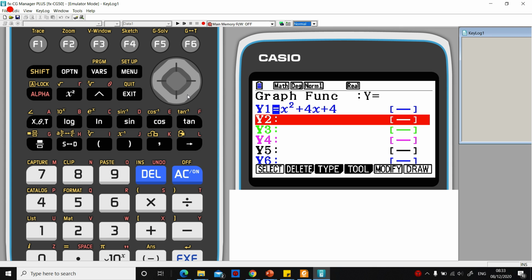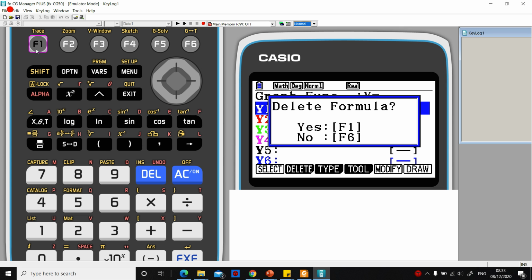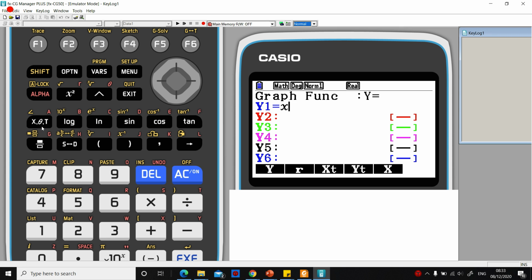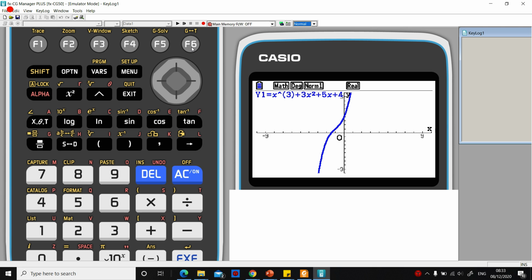Let's look at a more complicated equation. You click exit, go up, delete, F1, and write x cubed plus 3x squared plus 5x plus 4, and we plot this one.